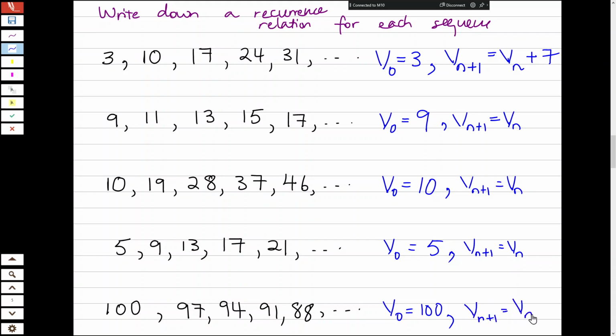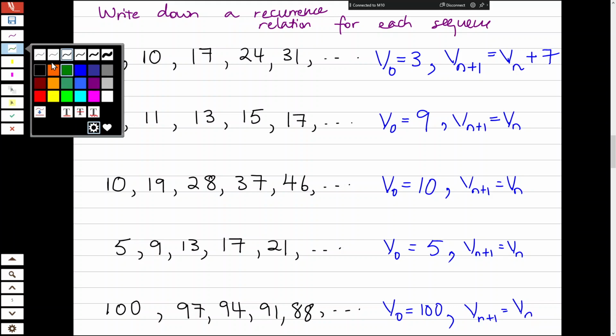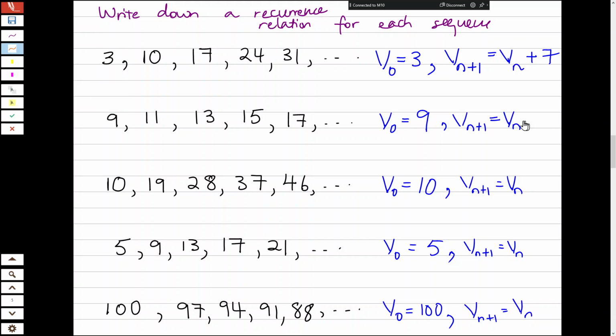This equation tells you what you have to do to the previous term to get the next term. So, Jackson, have a look at this sequence here. What do we need to do to get the next term? Add 2. Okay? So all you need to do in the recurrence relation is take the current term, Vn, and plus 2.